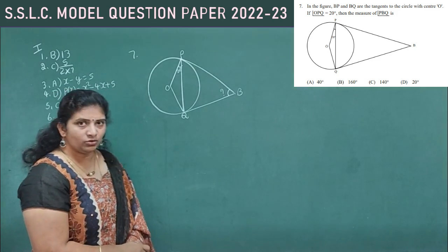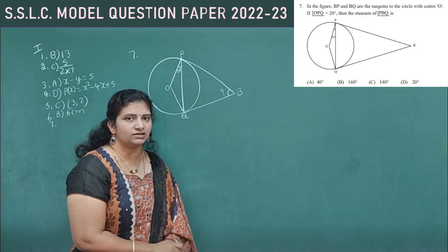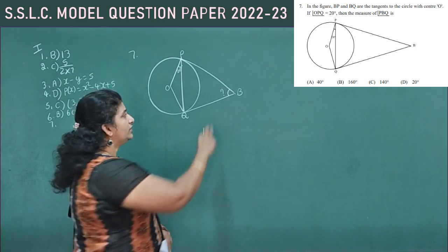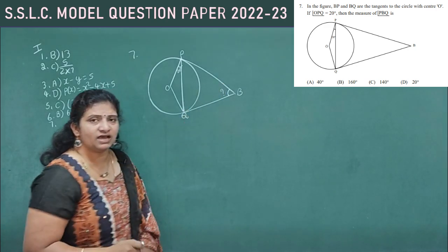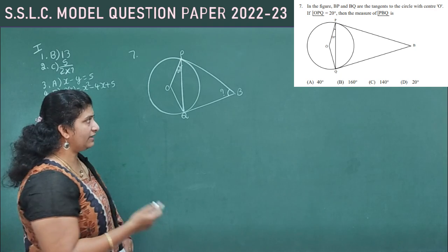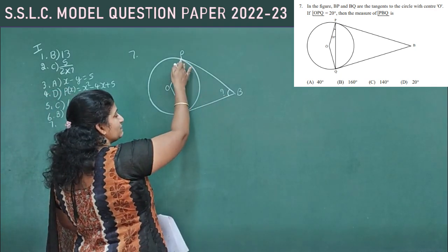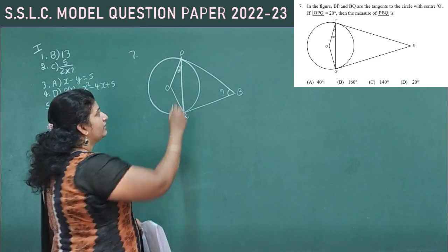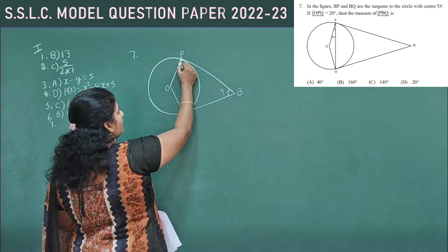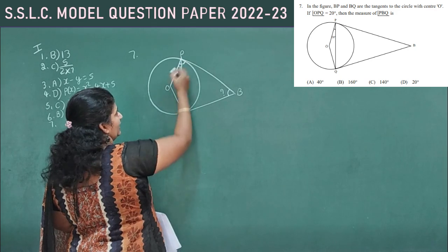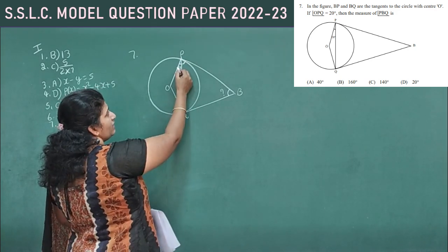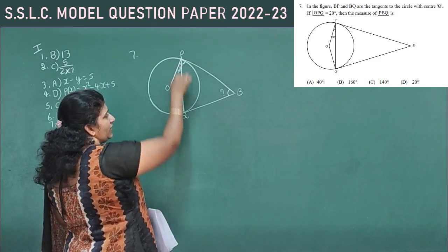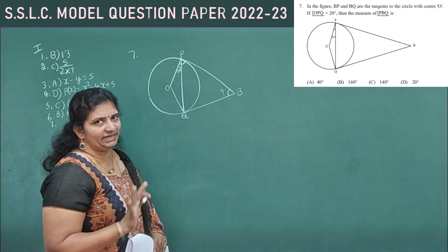How? We know that by theorem in circles, what do we remember? Length of the tangents are equal and the tangent is perpendicular to the radius through the point of contact. That means from here to here angle is 90 degree. Given this angle OPQ angle is how much? 20 degree.